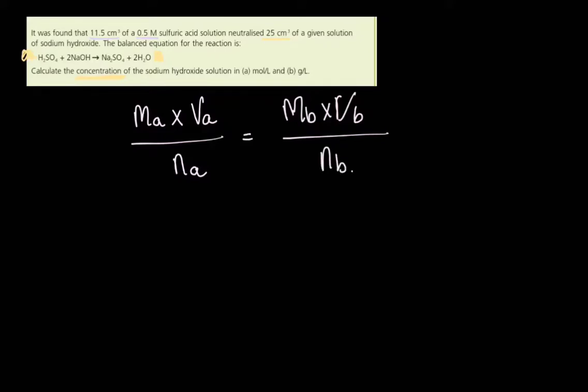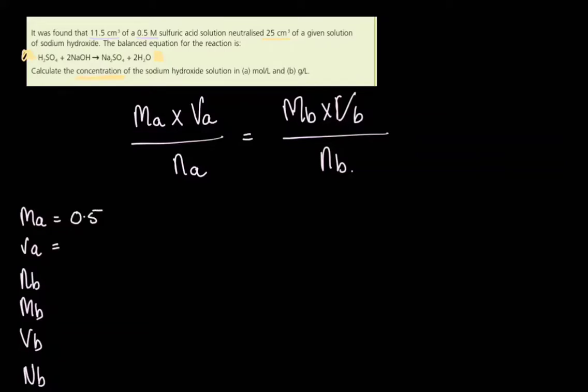So before I do that, I'll just write all of them down in a row on the side to make sure I can use this formula before I head straight into it. So the molarity of the acid, we have in the question, it's 0.5.